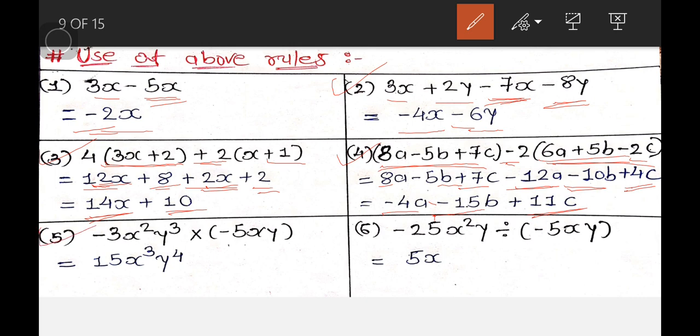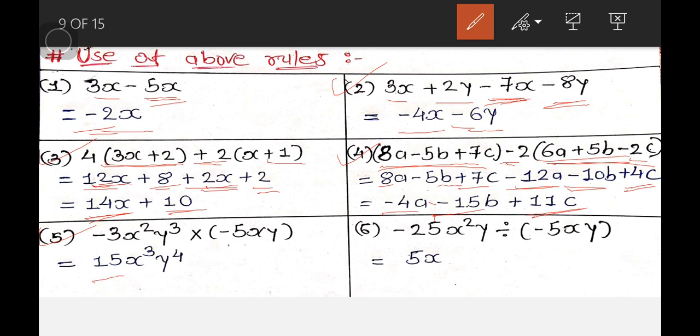example 5: minus 3x square y square multiplied by minus 5xy. So here two terms have the same sign, then we put a positive sign. Now 3 multiplied by 5, then we get 15.